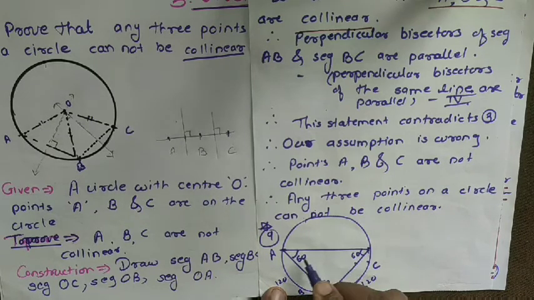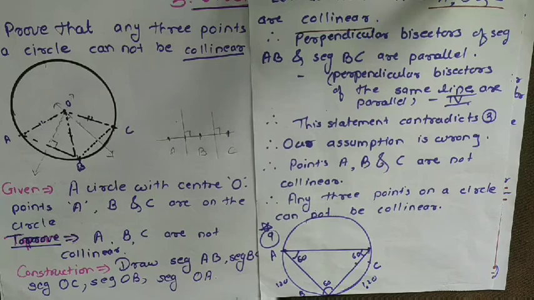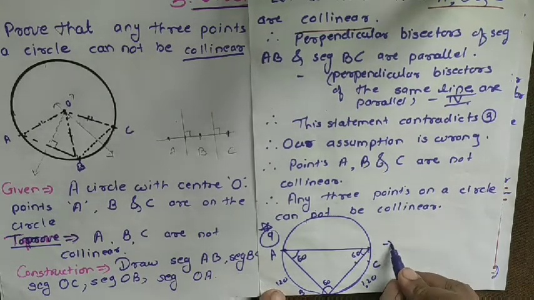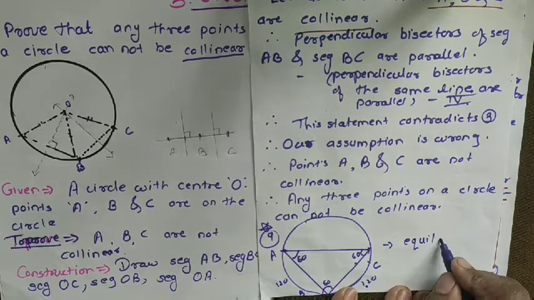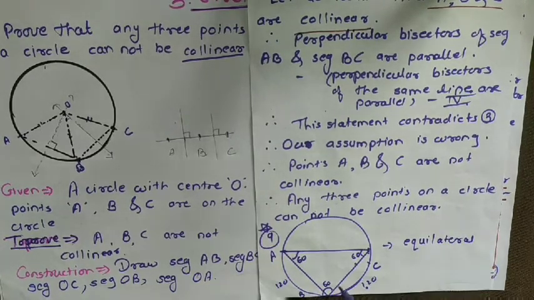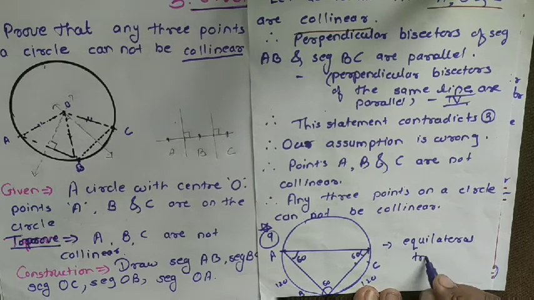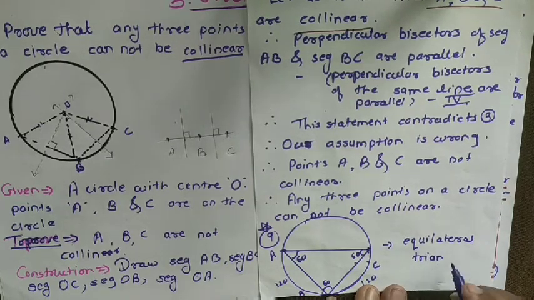So if all angles are the same, what type of triangle is this? Equilateral triangle. If all angles are congruent, then it is an equilateral triangle. In that way we can show that this is an equilateral triangle.